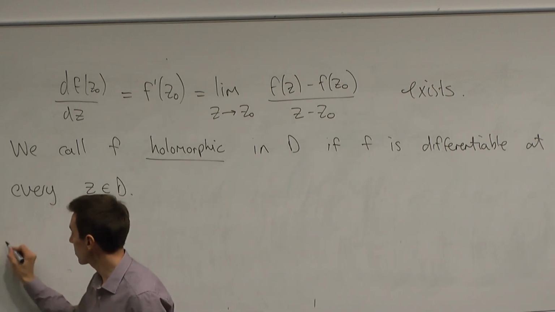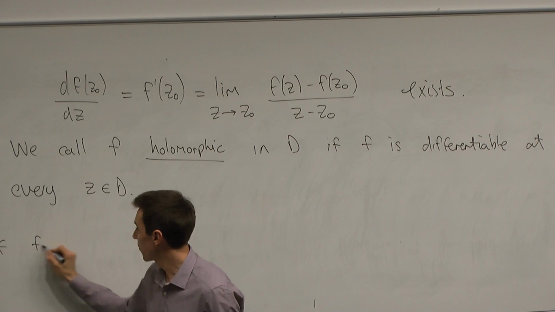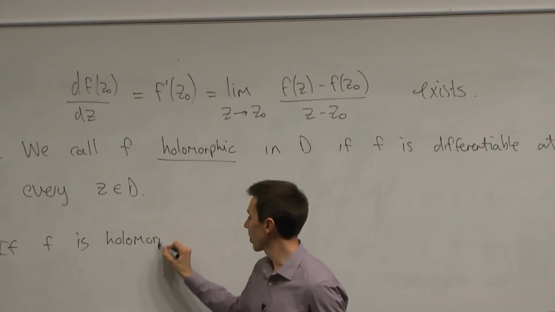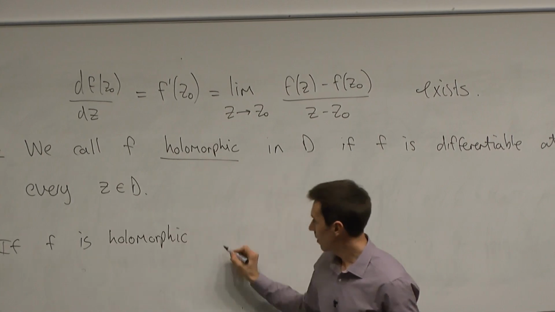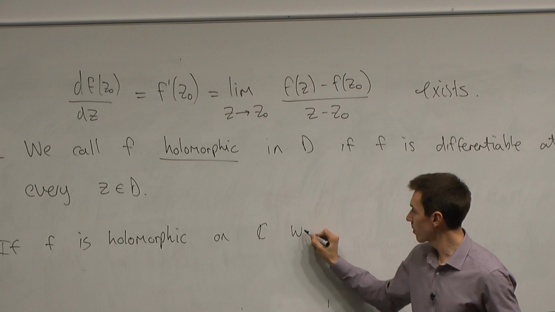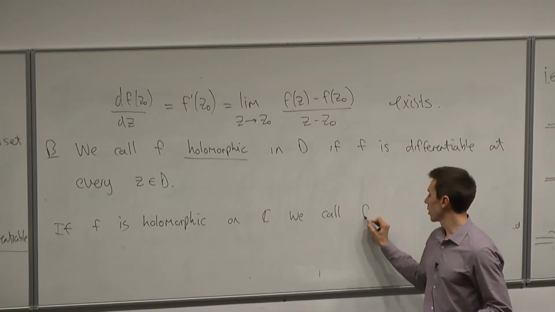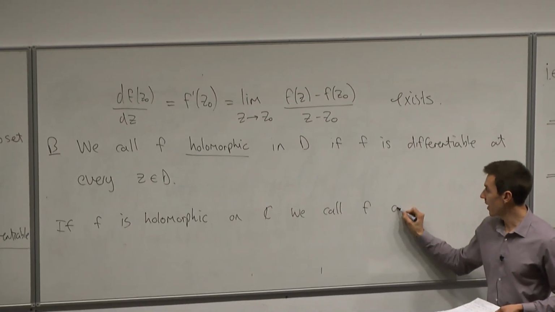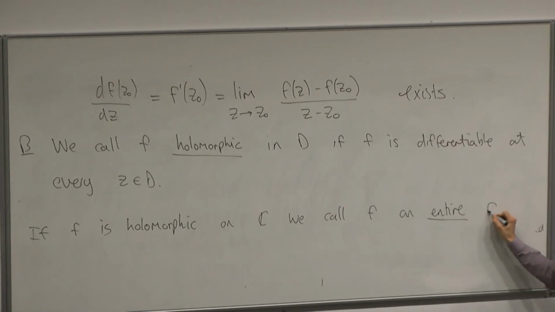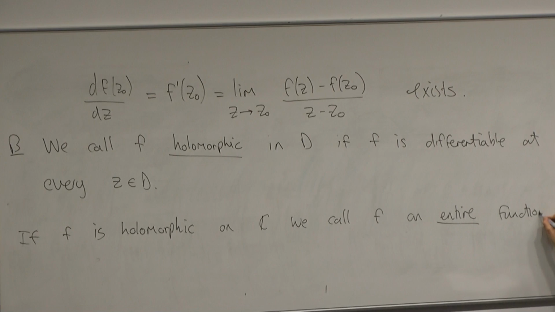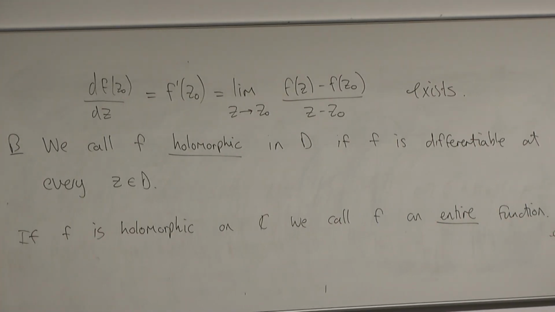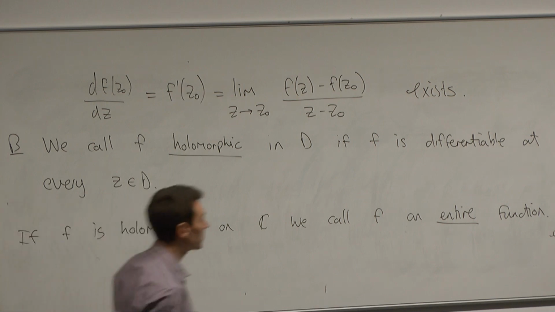So if f is holomorphic on the whole complex plane C, we call the function an entire function. Okay, so a few definitions to get us started.